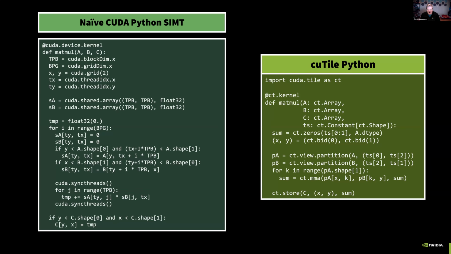And in Qtile, this is how you would implement it on the right. You see that we're defining the Python decorator, I think is the term I'm looking for, on our matmul function that basically says that this is a Qtile kernel. So this is all that we really have to do. There's a calling function that's not shown here, but we're also not showing that in the CUDA Python implementation. And really we're just taking in 3 arrays and a shape.